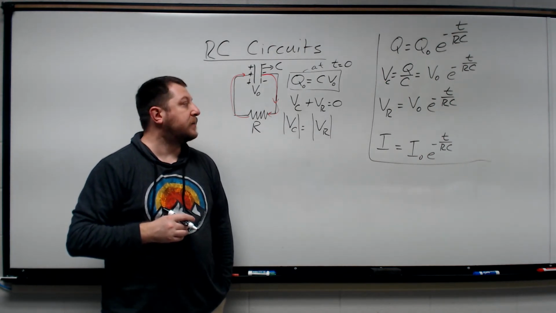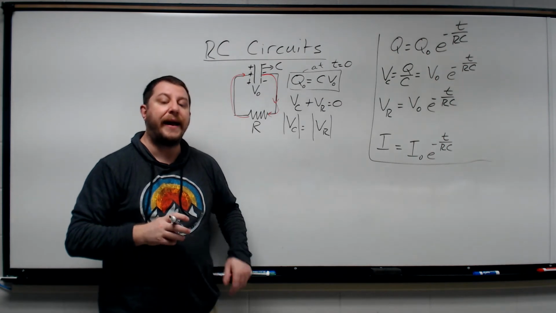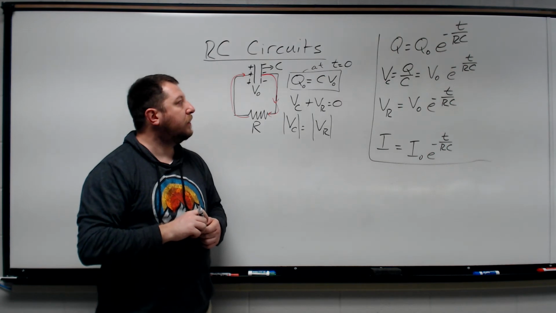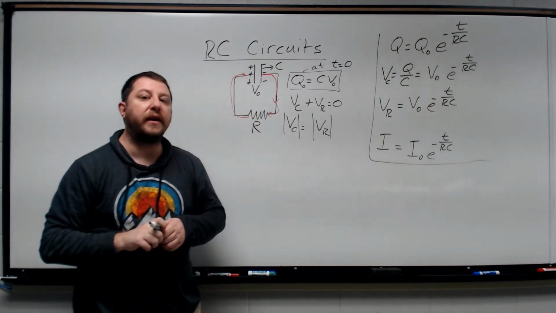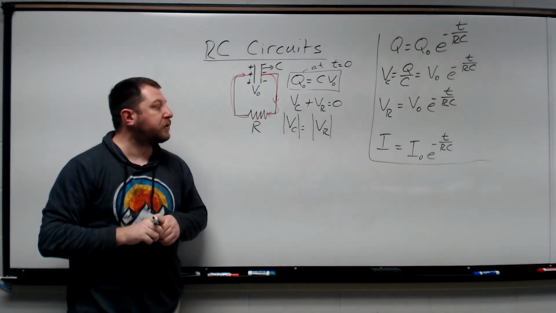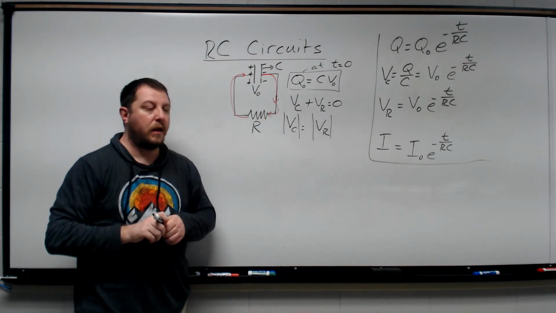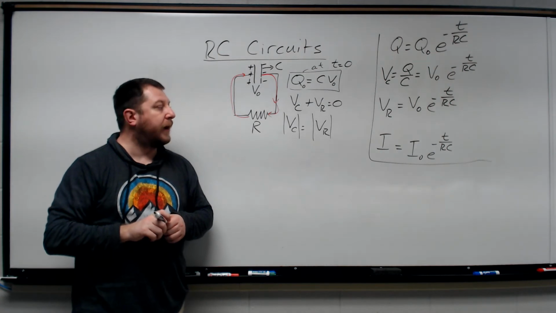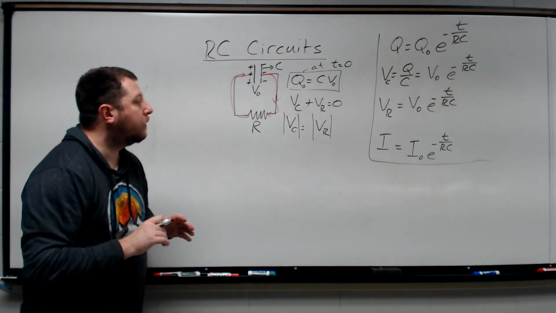So that is what is happening here with the RC circuit when you have a charged capacitor connected to a resistor. Now, some notes and we'll do an example, all right?